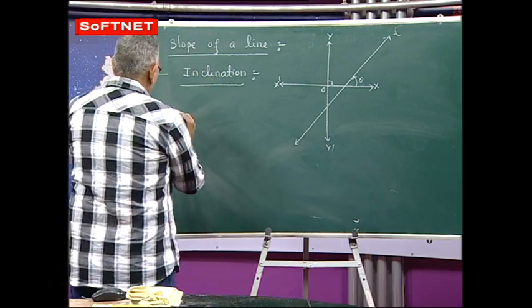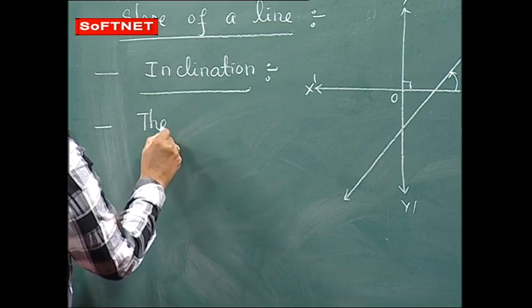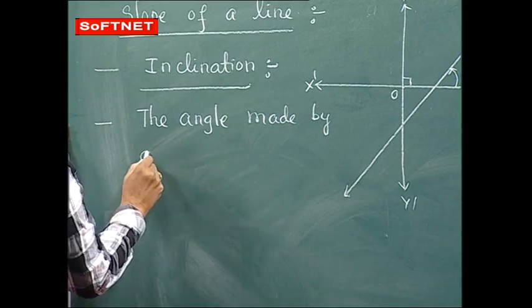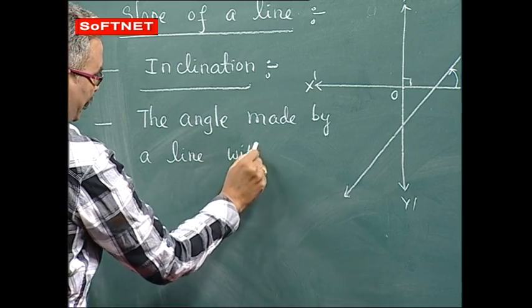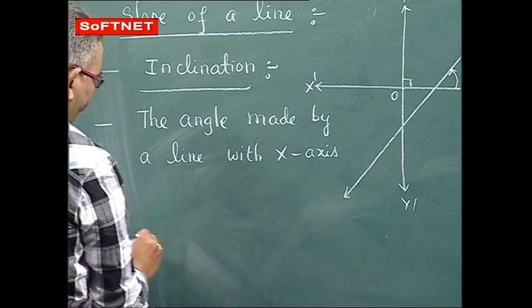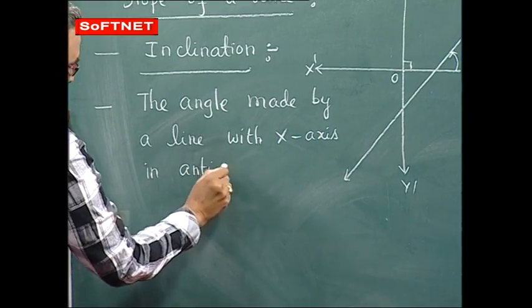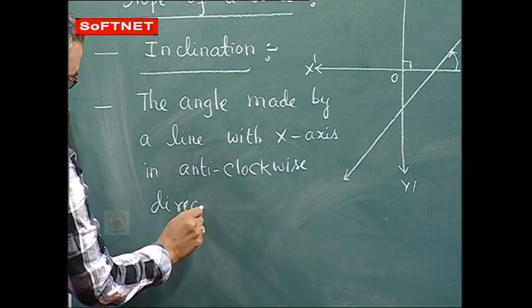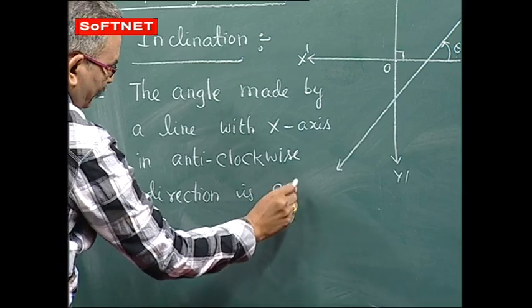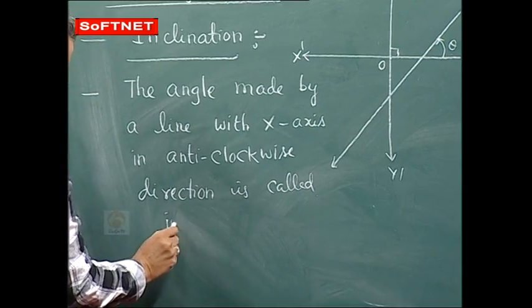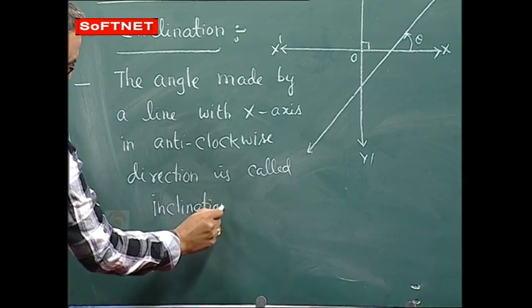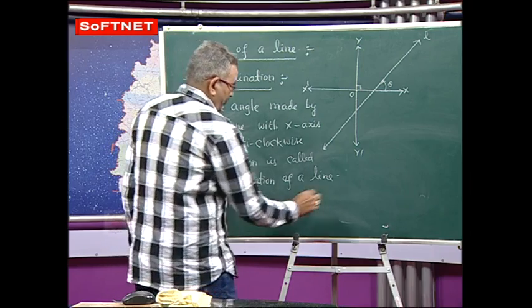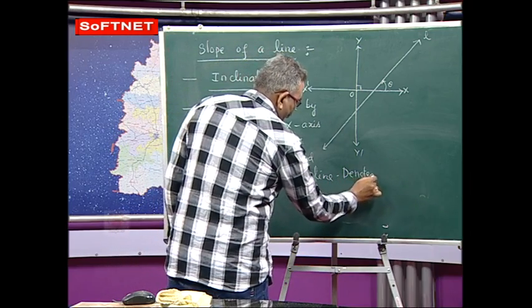Now write down: the angle made by a line with x-axis in anti-clockwise direction is called inclination of a line, denoted by theta.